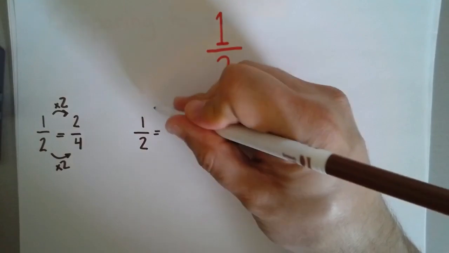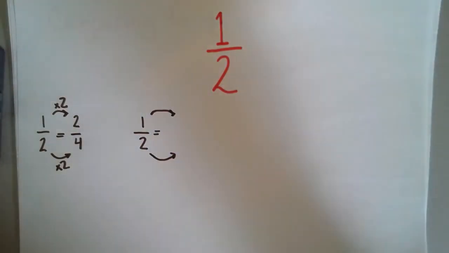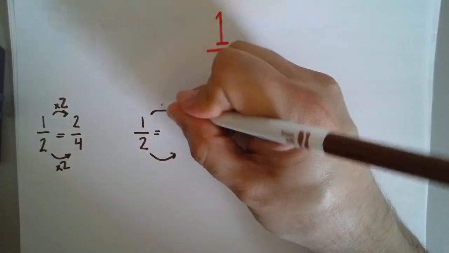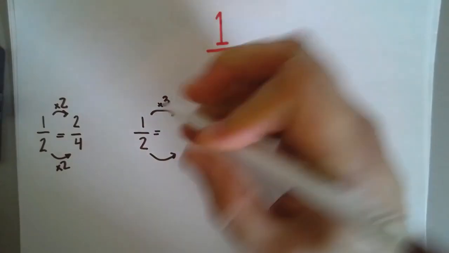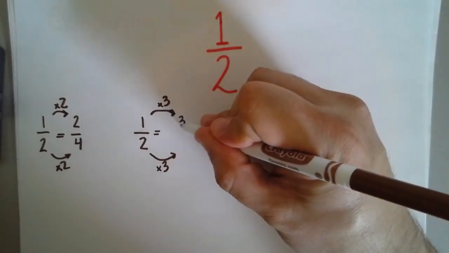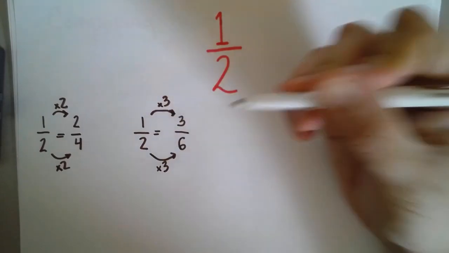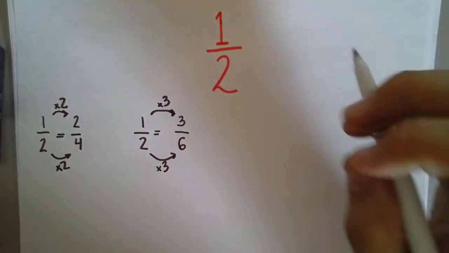To find an equivalent fraction, I have to multiply my numerator and my denominator by the same thing. Let's multiply it this time by 3. And I can say 1 times 3 is 3, 2 times 3 is 6. So that'll work for me for right now.